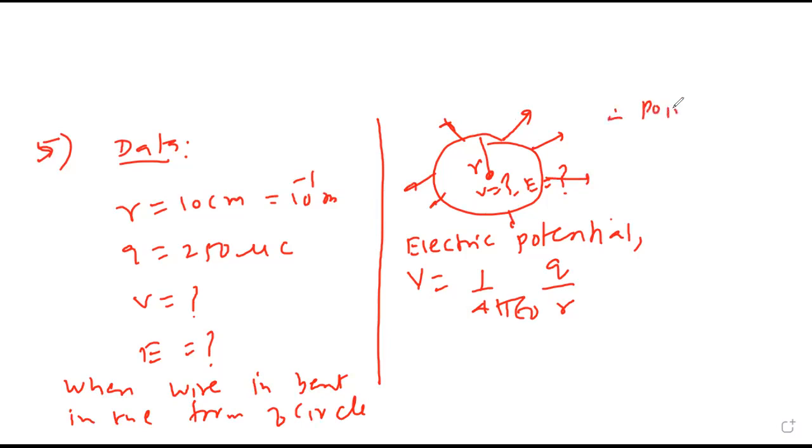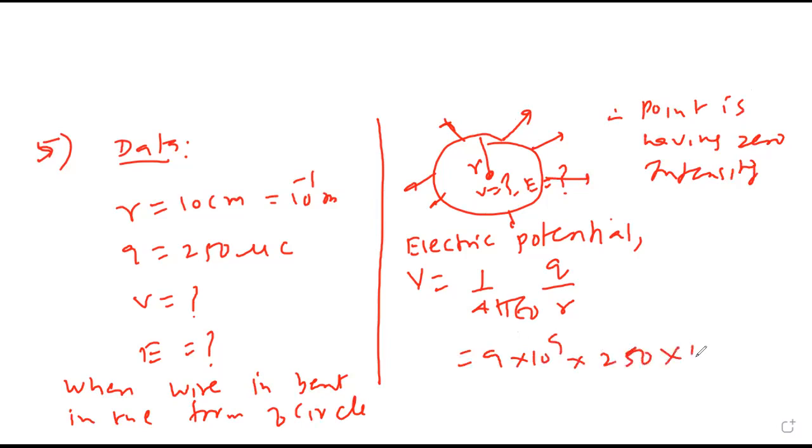Therefore, the point is having zero intensity. And V is 1 upon 4 pi epsilon naught, 9 into 10 raised to 9, 250 micro is 10 raised to minus 6, R is 10 raised to minus 1. 25 into 9 is 225, 10 raised to minus 6, and 9 is 10 raised to 3 plus 1.